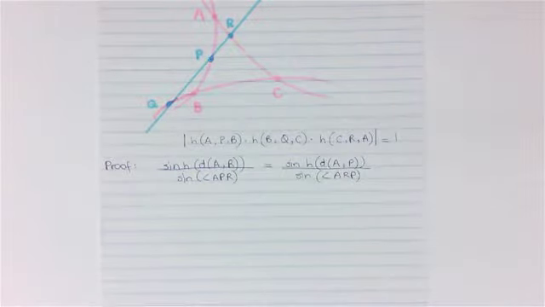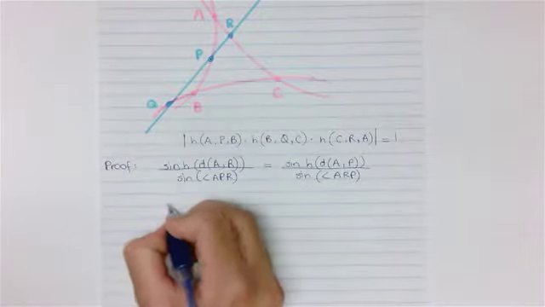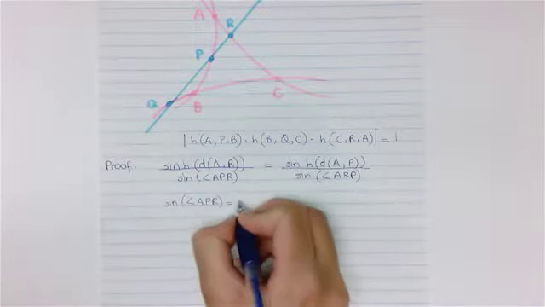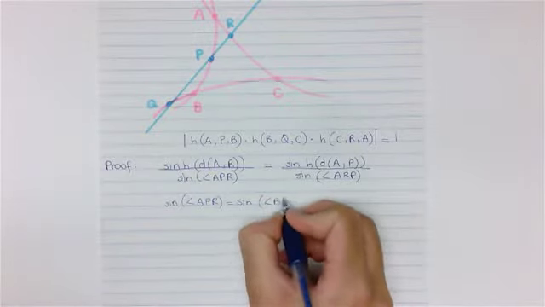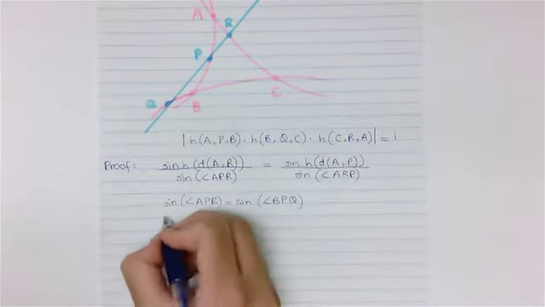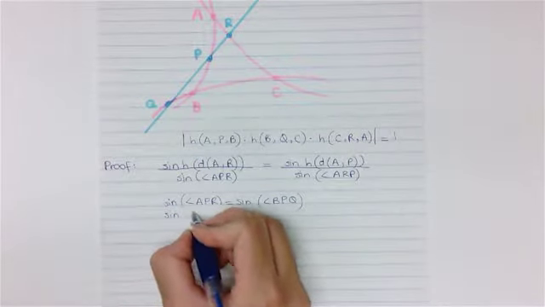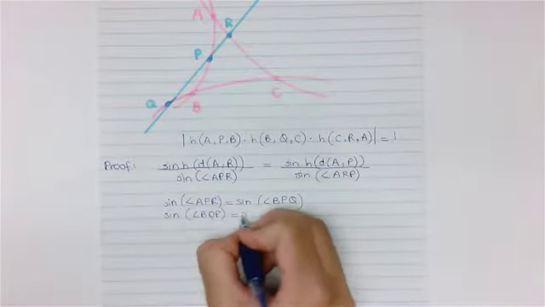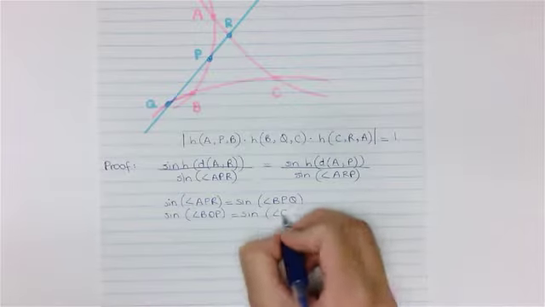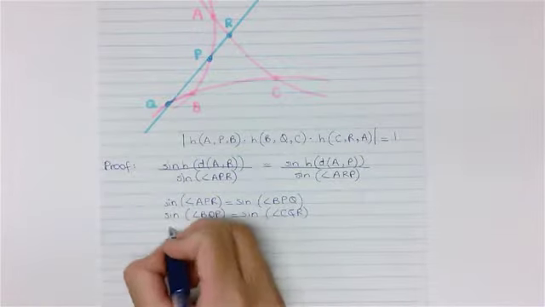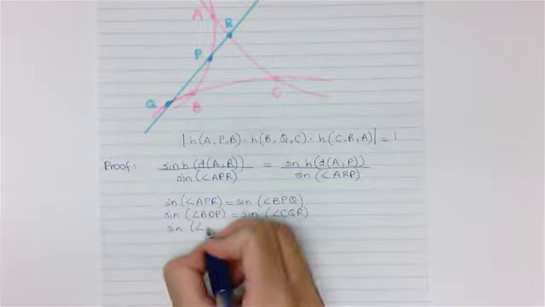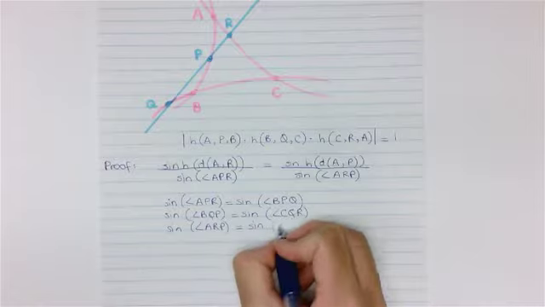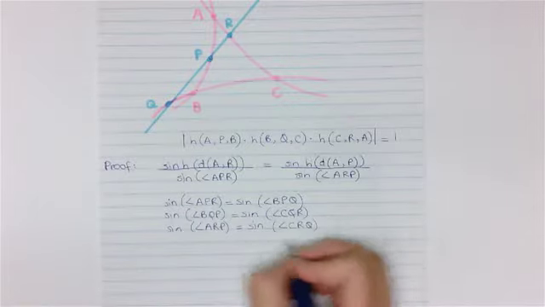This, in turn, means that sine of angle APR is the same as sine of angle BPQ, and the sine of angle BQP is the same as sine of angle CQR, and the sine of angle ARP is the same as sine of angle CRQ.